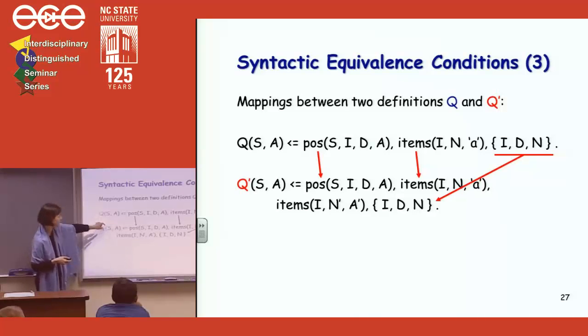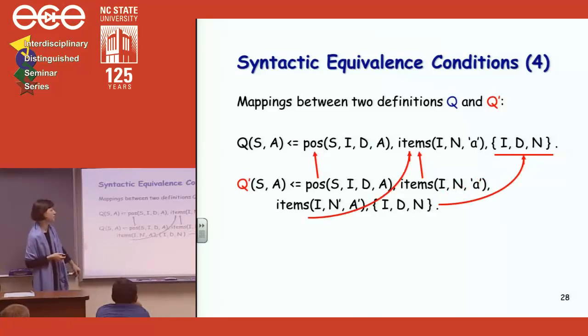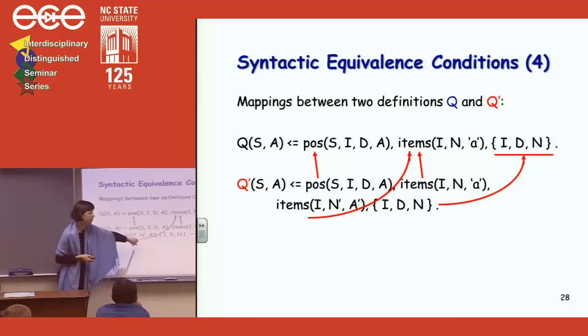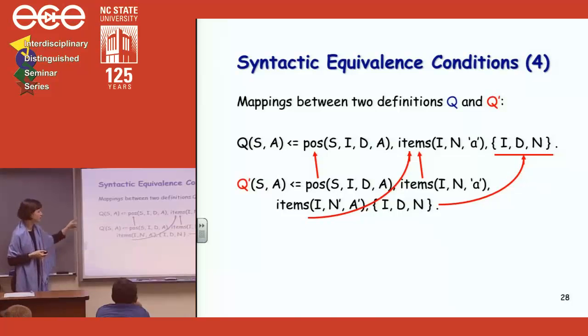So when we do the mapping from Q, we just ignore the subgoal. It's okay. Do we also get a mapping in the other direction? Yes. We can find the mapping of the variables in such a way that the mapping also works in the other direction. This is the syntactic test that we are looking for. So because we have found those two mappings, we know for sure that these two queries return the same answers on all the databases.